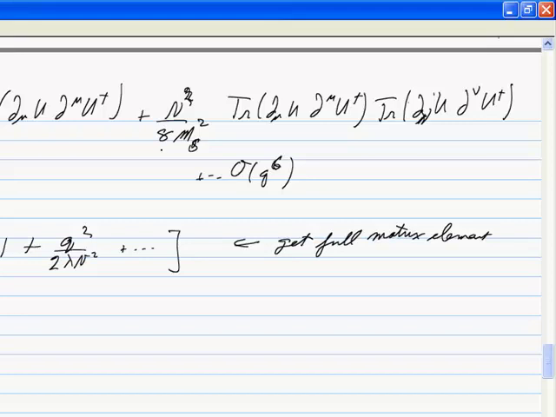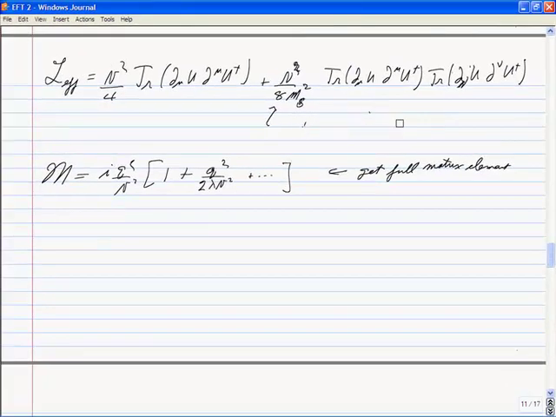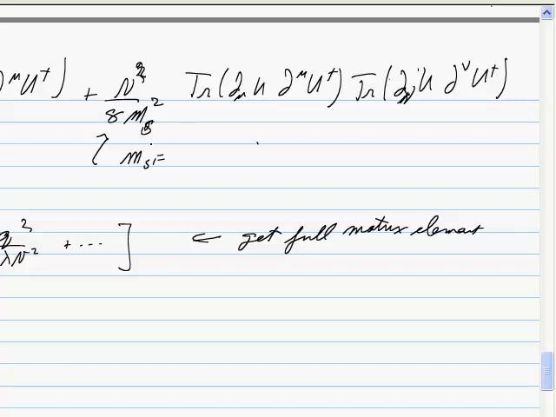The coefficient here, remember, m s squared was 2 mu squared, which is 2 lambda v squared.